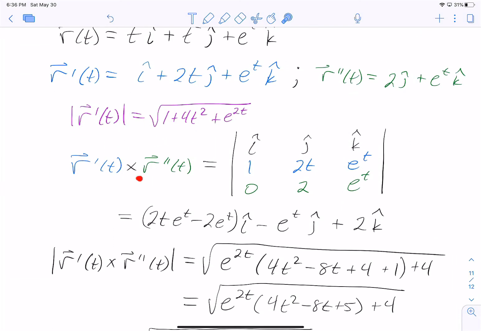Crossing r prime with r double prime, we ultimately get (2t e to the t minus 2e to the t) i minus e to the t j plus 2k.